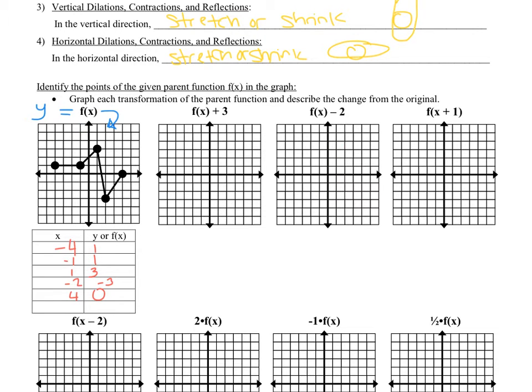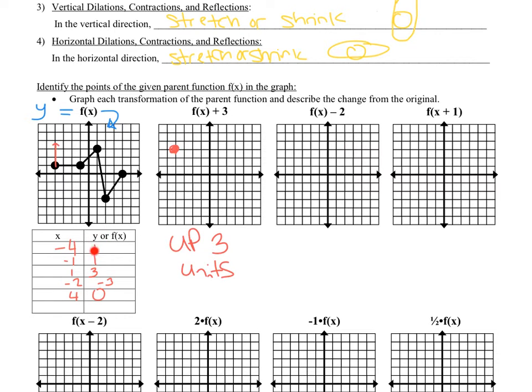Okay, so I'm going to take each point here and shift it up 3 units. So I'm going to take each point and translate it up. This is going to go up 3 for the first one: 1, 2, 3. And this makes sense because if you notice here, negative 4, 1.